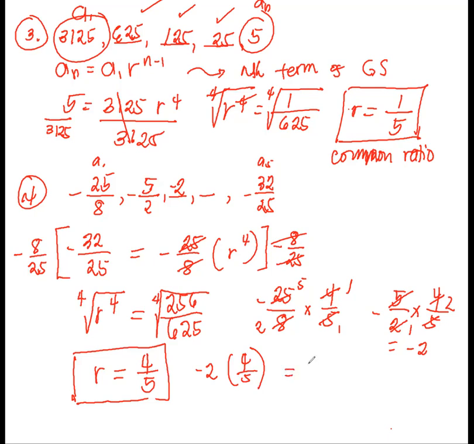So we'll have negative 8 over 5. So our last missing term is negative 8 divided by 5. So we already have the three terms in between negative 25 over 8 and negative 32 divided by 25. Let us have our next example.